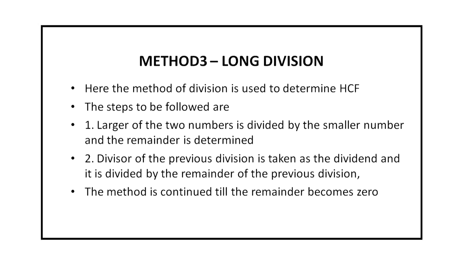Step number 2, while dividing here, the divisor of the previous division is taken as the dividend and it is divided by the remainder of the previous division. And this method continues till the remainder becomes 0. That is why we use the term long division here. We do a lengthy division in order to determine the highest common factor.